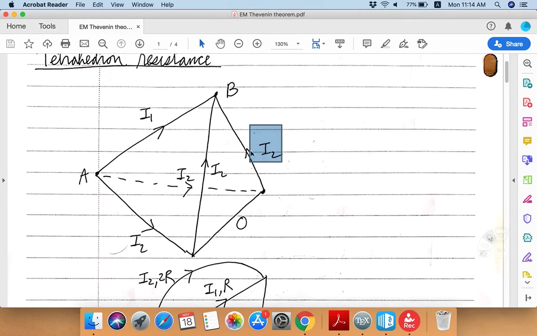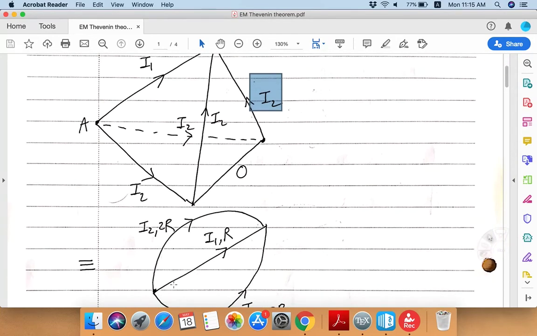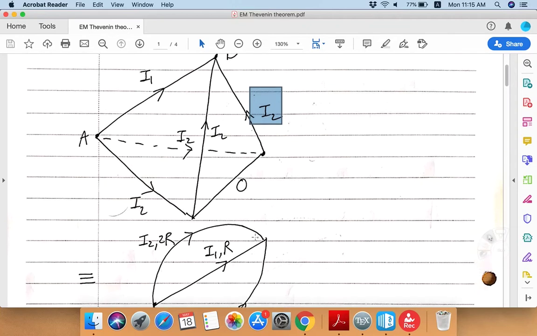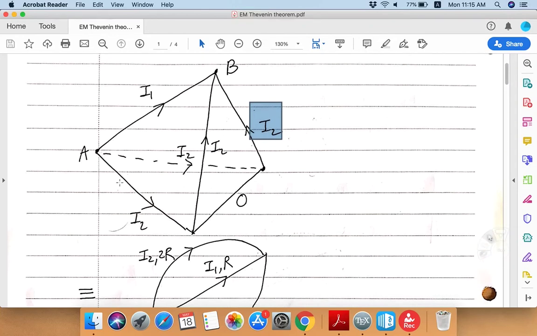And also you realize that there are three different channels now of conduction that would carry current from A to B. And that's this channel, which has the resistance R. And I drew that symbolically as a single line over here. And also there is this longer channel consisting of two resistors.